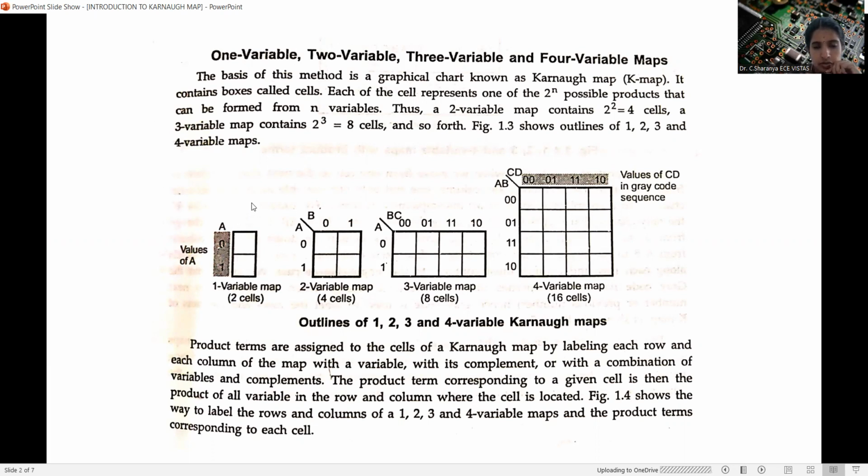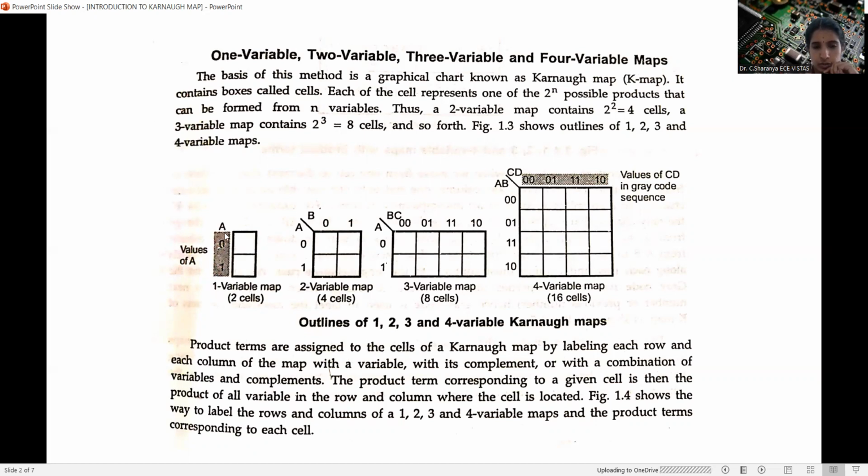The number of cells in a K-map is generally given by the expression 2 power of n, where n is the number of variables. So if we have two variables, 2 power of 2, we will have 4 cells. Here it is a one variable K-map, so 2 power of 1, which is 2 cells.